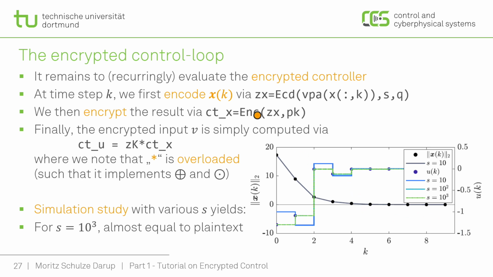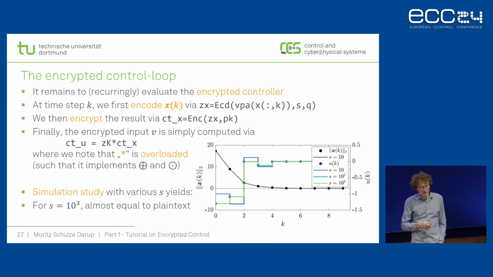The dots here refer to the plaintext implementation. So every dot is a plaintext implementation, and the lines refer to the encrypted realizations. We see here different lines for different scaling parameters. So one very coarse one, and then we get finer and finer until we reach the 1000 that I was discussing on the slide before.